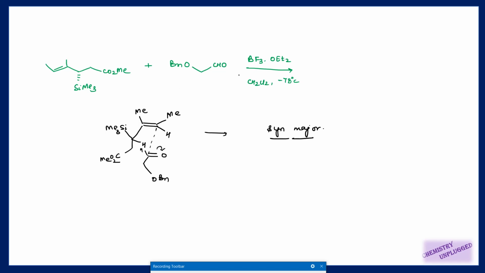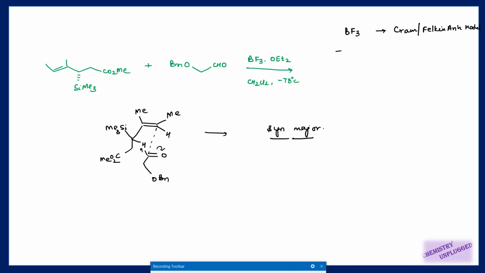In this case we are using BF3 as a Lewis acid. This point is also very important: when you have a chiral center next to the carbonyl group, on the alpha carbon, then you have to consider the type of Lewis acid used in the reaction. For example, if you are using boron compounds as Lewis acid, then you will have to apply Cram's model or Felkin-Anh model, right?